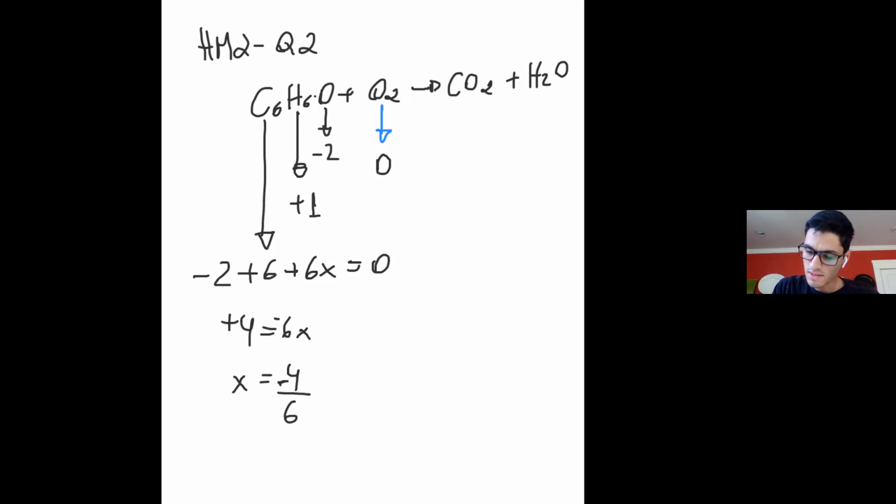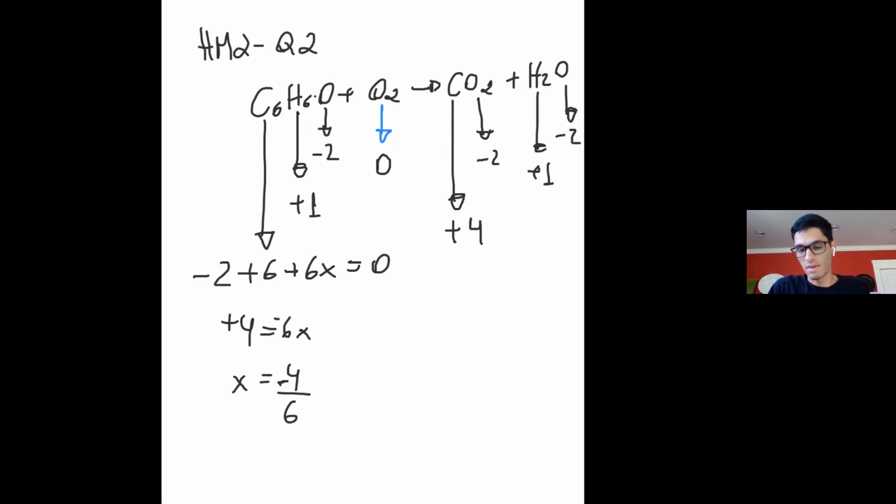And then on this other side, we know that oxygen is -2, hydrogen is +1. This carbon here is +4, because I have 2 oxygens giving -4, so we need the carbon to give +4 so the molecule is 0. So we know that 2 things are happening here.